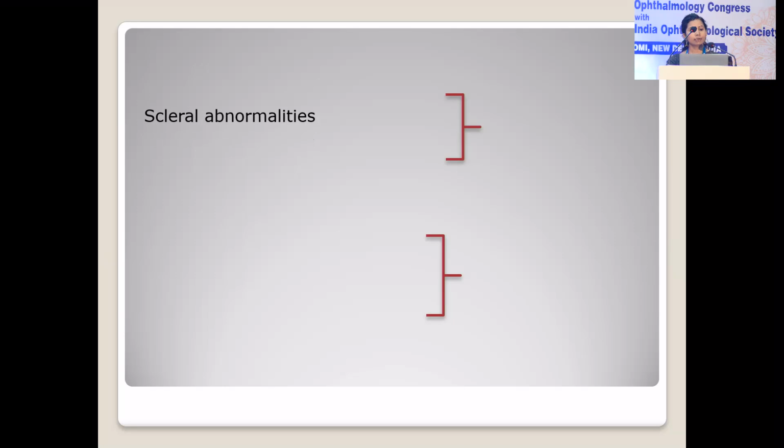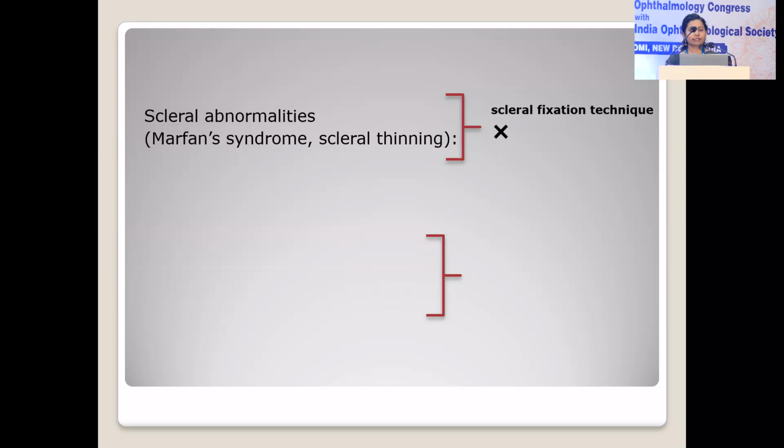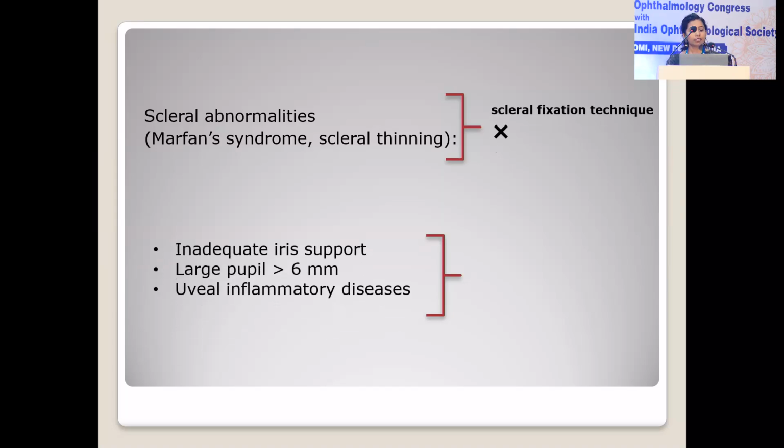If there are scleral abnormalities with scleral thinning or scleritis, scleral fixation technique is not a good option. If there is inadequate iris support, if the pupil is large in size, or if there is uveal inflammatory disease, iris claw lenses should be done judiciously.